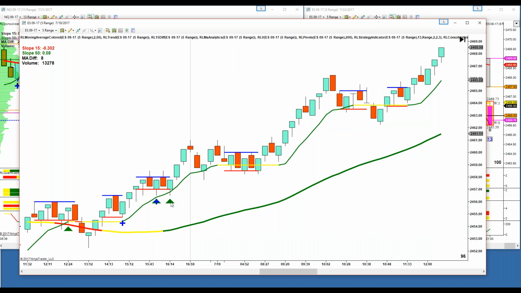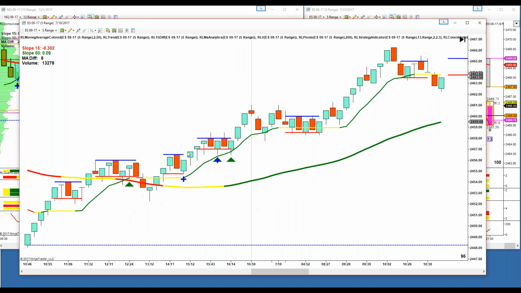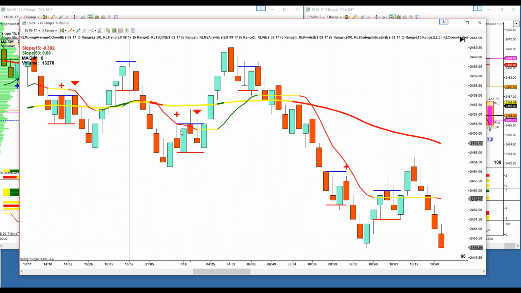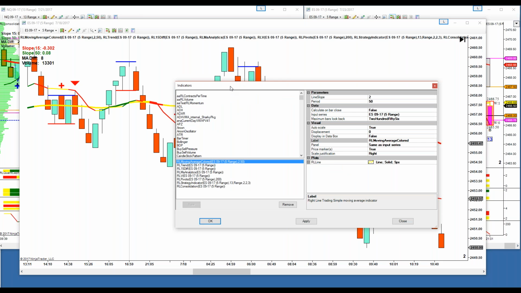There's the triangles. Up triangles for a breaking consolidation to the upside. Red triangles for a break of consolidation to the short side. Also a terrific signal. These are smart entries. They use multiple time frames to create their entry signals, and they always occur intra-candle.